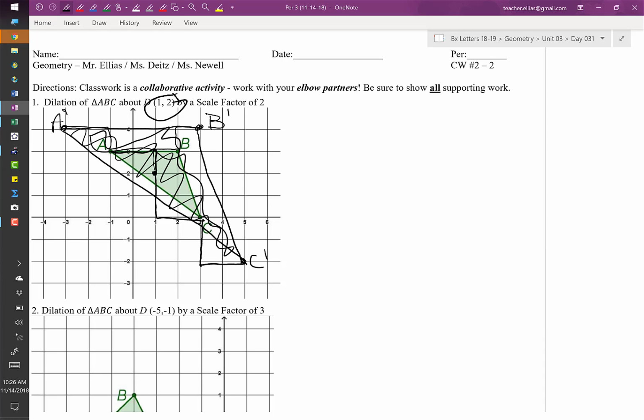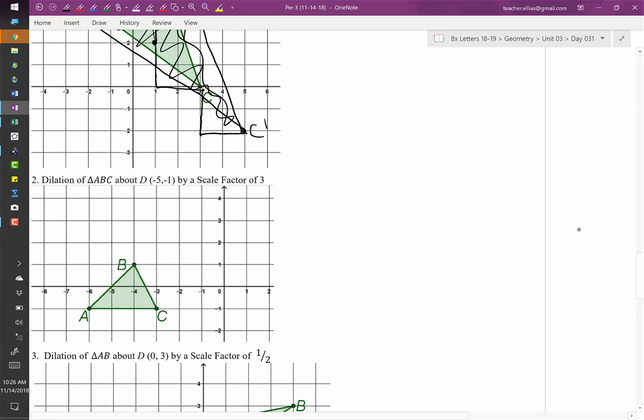Instead of going over 2 and up 2, you're going to go over 3 and up.